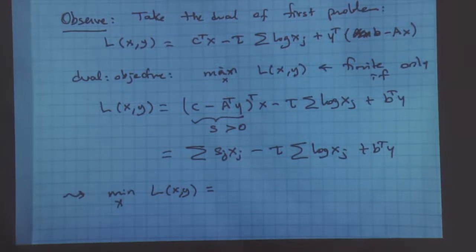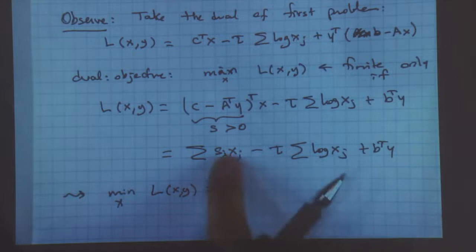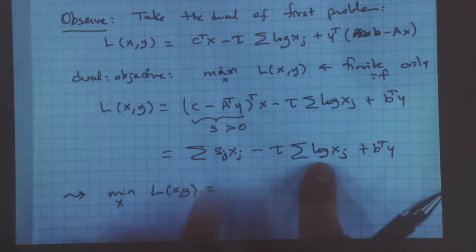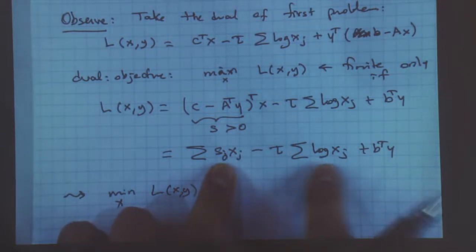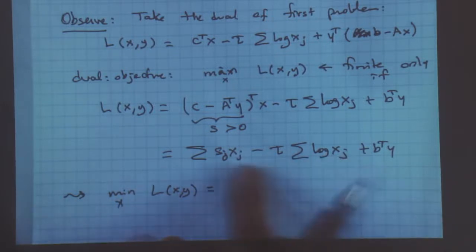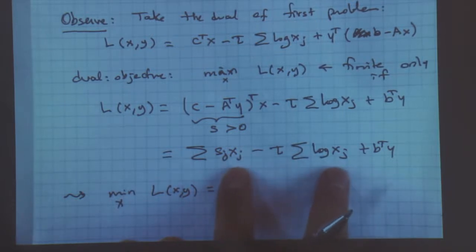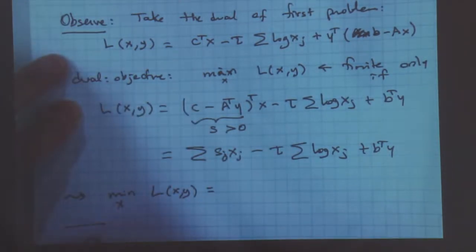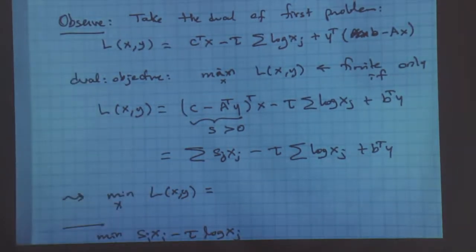I can minimize this component-wise, right? You have sj xj minus tau log of xj. So we need to minimize sj xj minus tau log xj. If I need to minimize this over xj, what do I do?